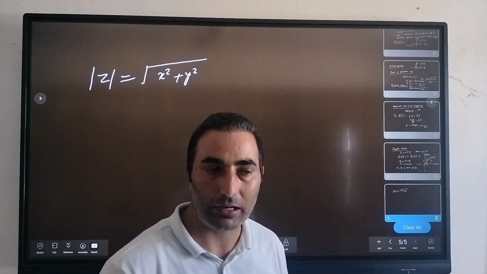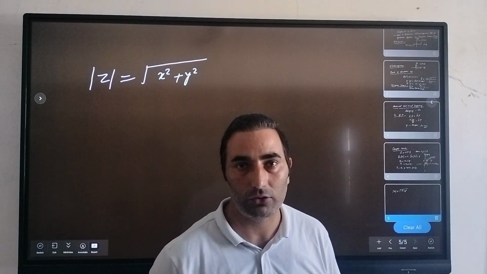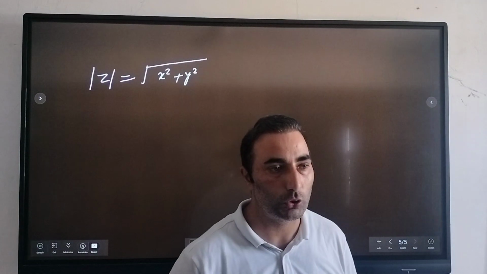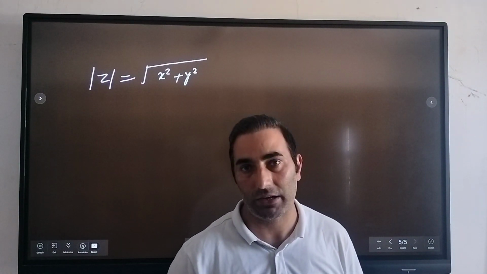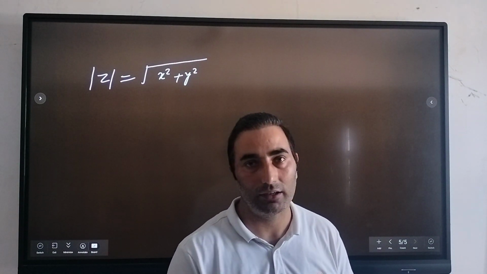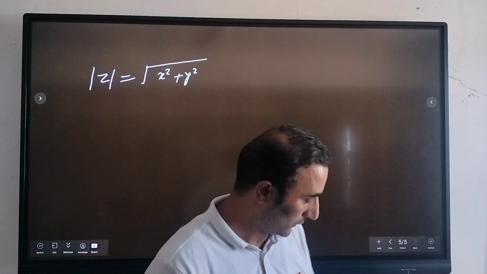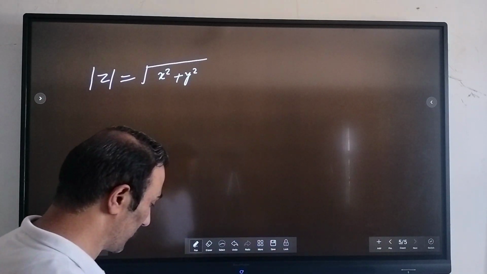So that means if we have a complex number and we want to find its magnitude, its modulus, you need to take the squares of the real and imaginary parts. Leave that iota as it is, right? So this is how you can calculate the modulus of z.